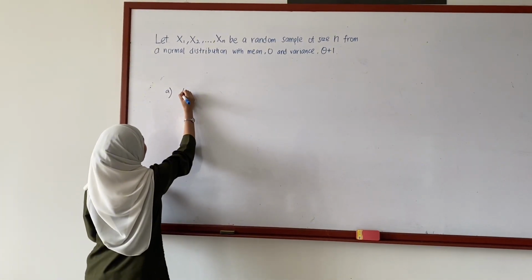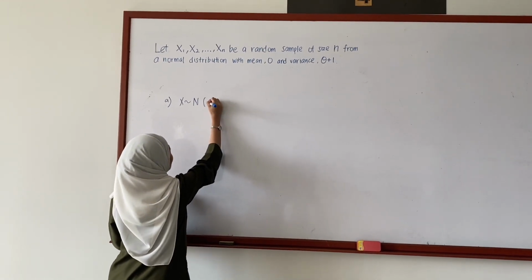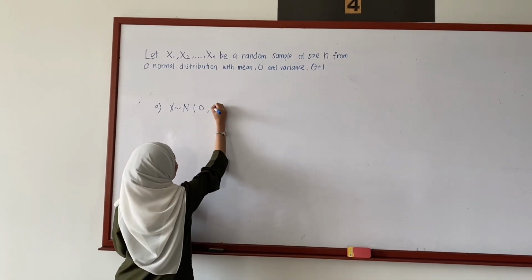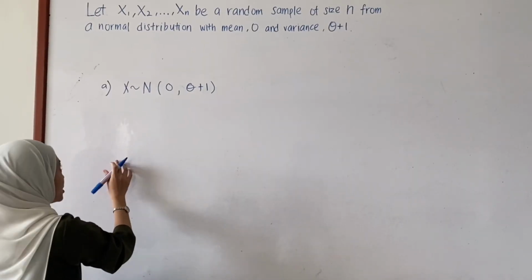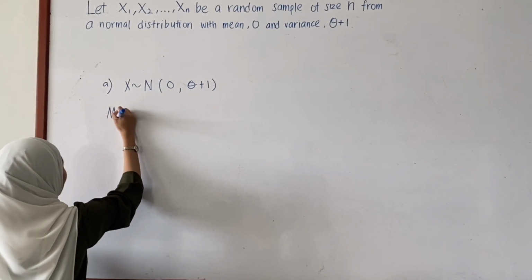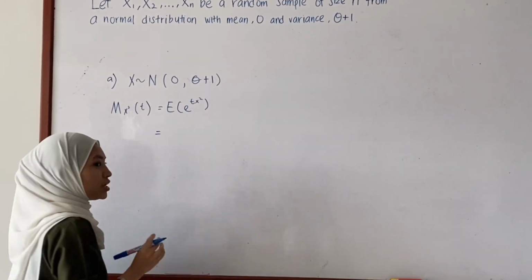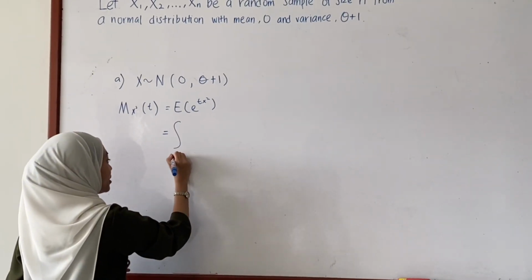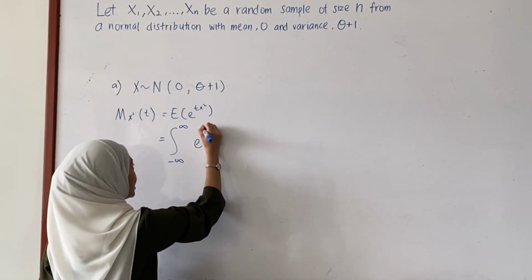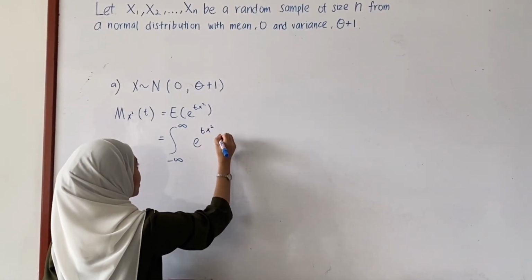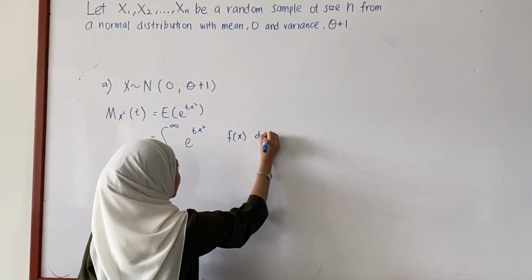From the question, we can see that the mean is equal to 0 and the variance is equal to theta plus 1. For this question, we need to use the MGF. For the next step, we put the limits from negative infinity to positive infinity of e^(tx^2) times the PDF dx.